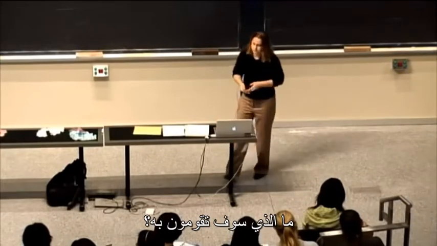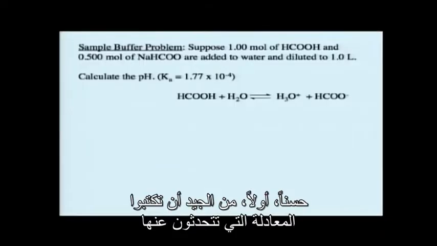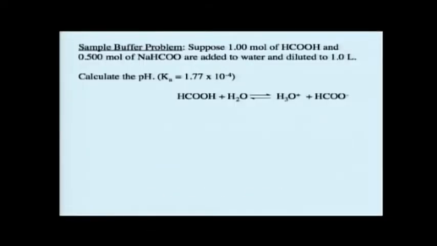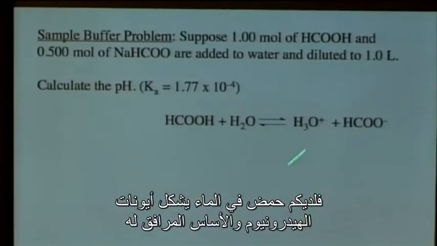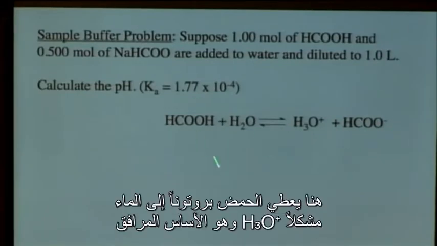First, it's always good to write the equation that you're talking about. You have acid and water forming hydronium ions and the conjugate base. Here, the acid is giving up a proton to the water, forming H3O plus and its conjugate base.